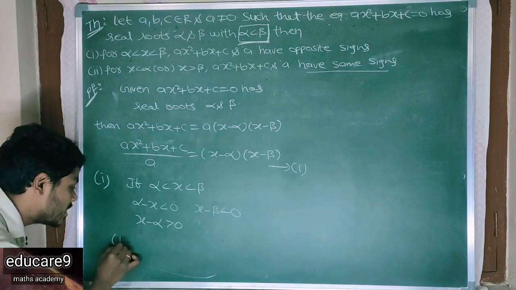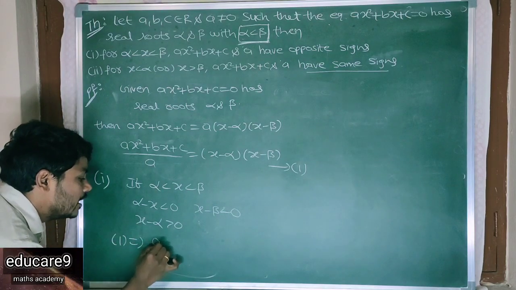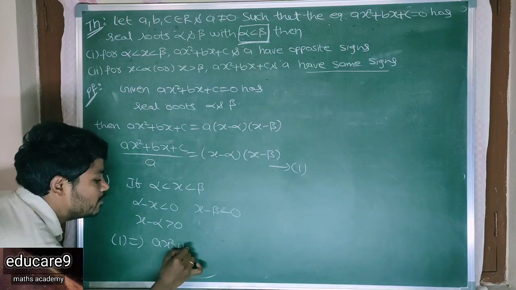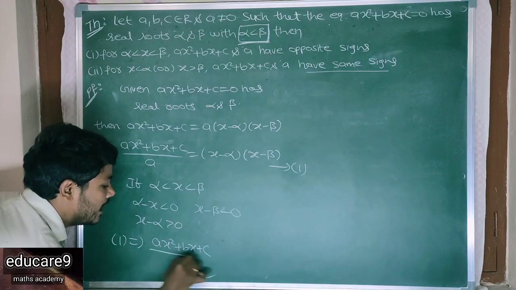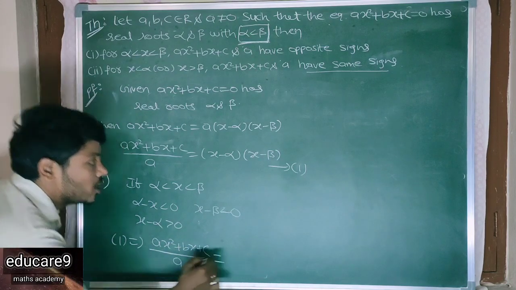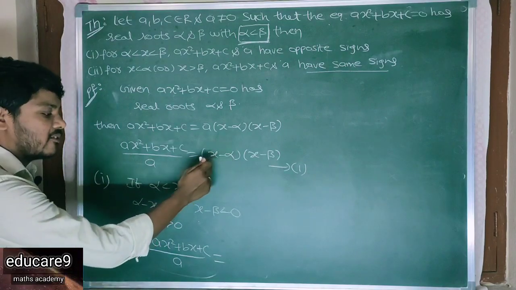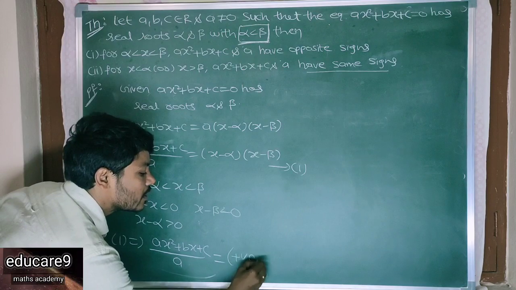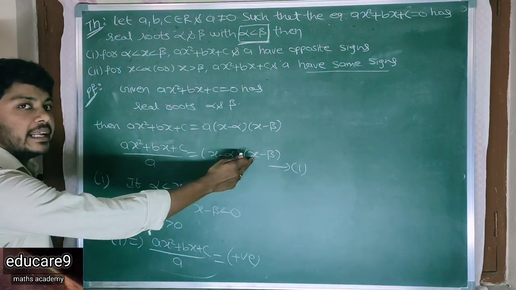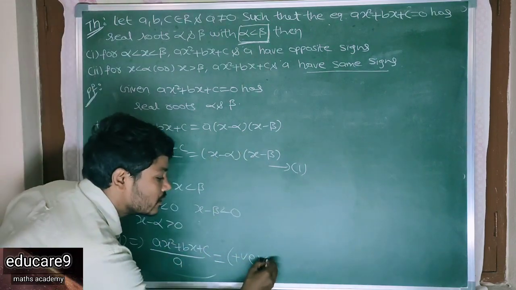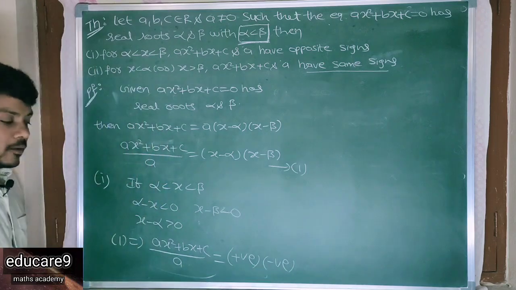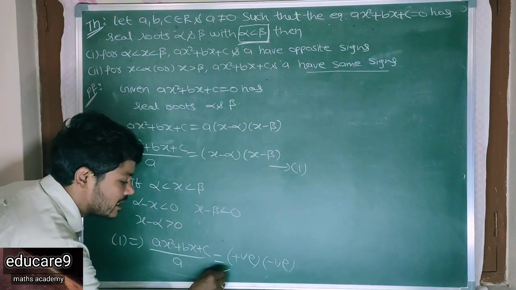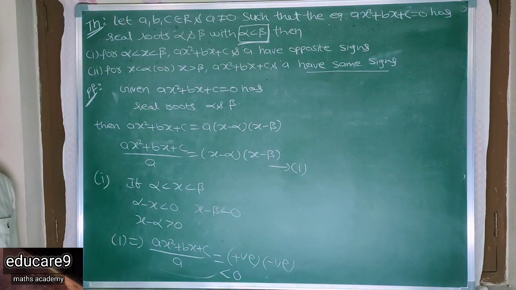So from equation 1, (ax square plus bx plus c) by a is equal to x minus alpha, which is positive, into x minus beta, which is negative. So clearly positive into negative is negative, that is less than 0.